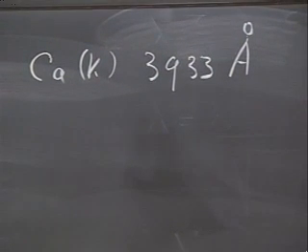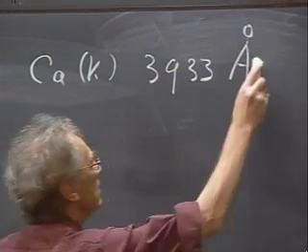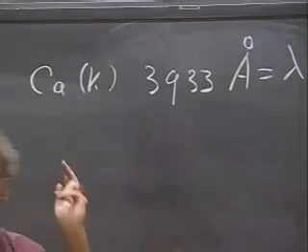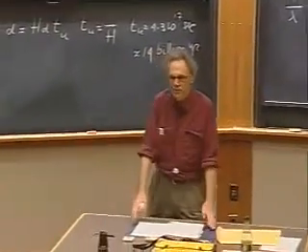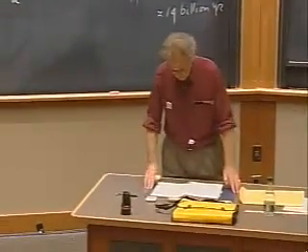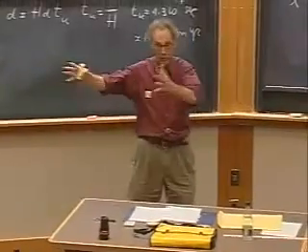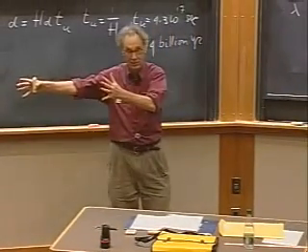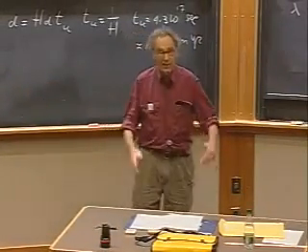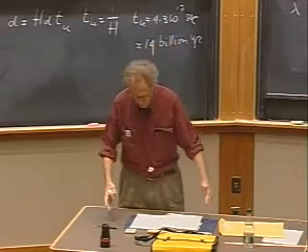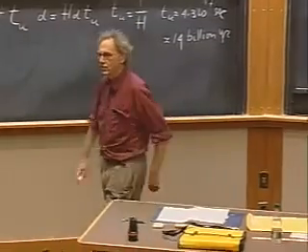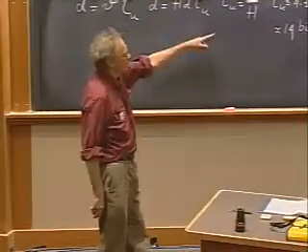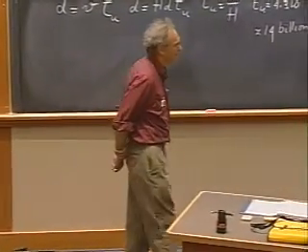If you multiply that wavelength, this is lambda, by 7.5, it ends up at 29,500 angstroms, which is outside the optical spectrum. Impossible to observe from the ground. And so how can astronomers ever find redshifts which are as large as that ratio 7.5?